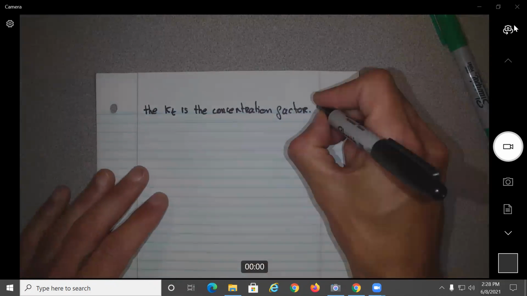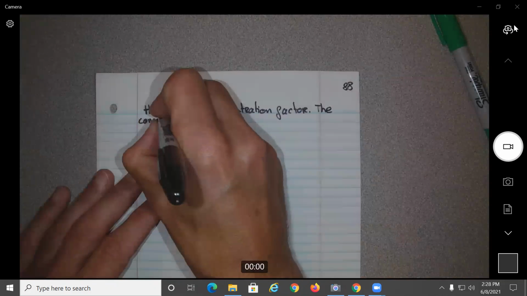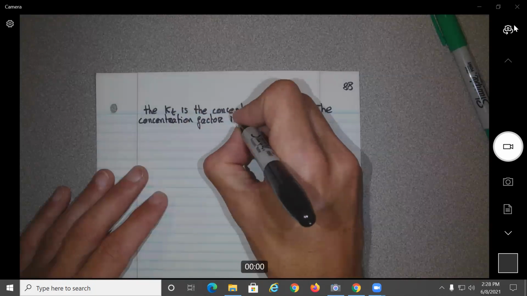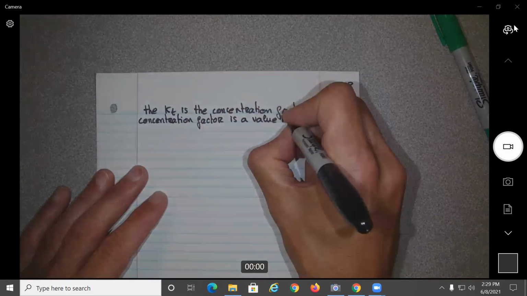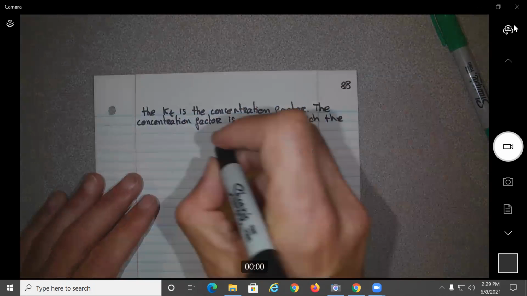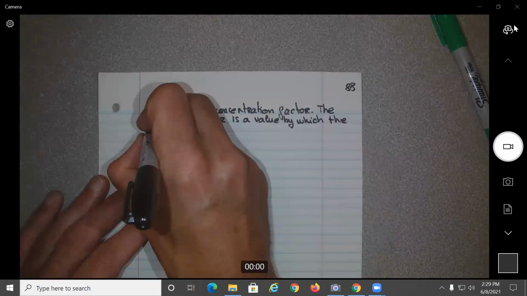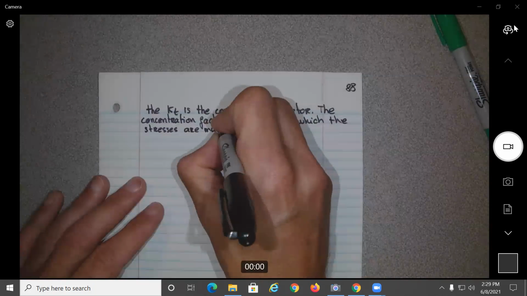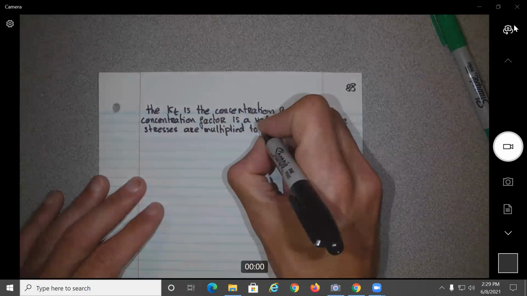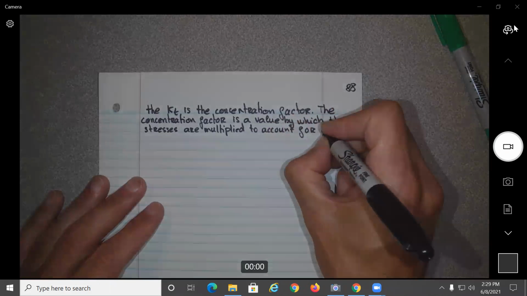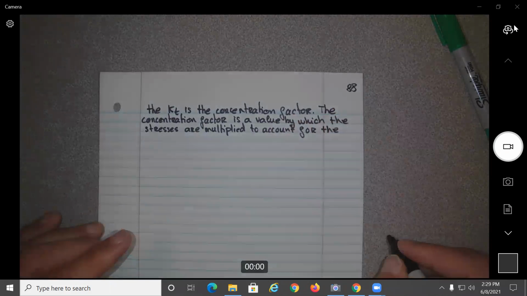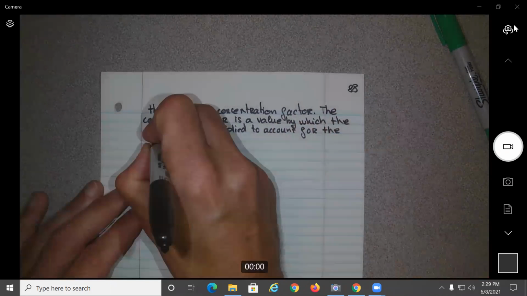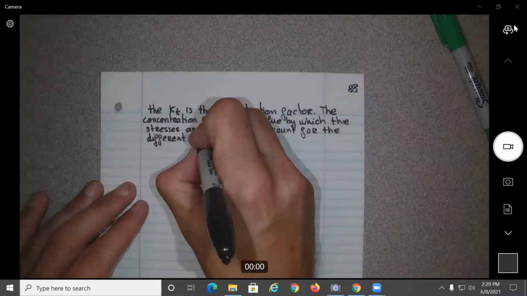The concentration factor is a value by which the stresses are multiplied to account for the different geometry.